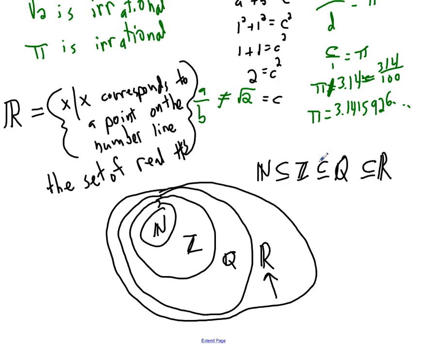Those are the 4 sets of numbers that we need to care about. And we'll deal with subsets of these, say positive real numbers or even real numbers or real numbers between 2 endpoints in later sections.